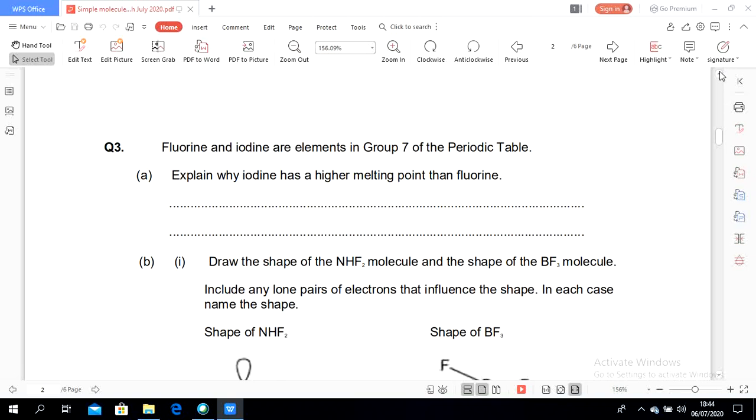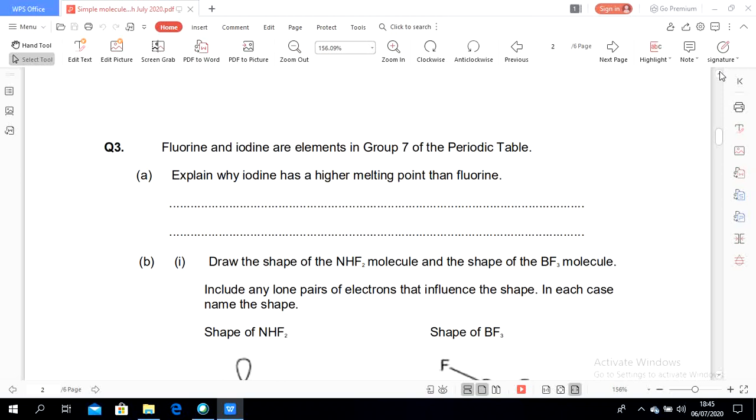Okay, and then secondly, iodine has a higher melting point than fluorine because iodine has stronger van der Waals forces that make iodine become solid, while fluorine is a gas at room temperature and pressure.